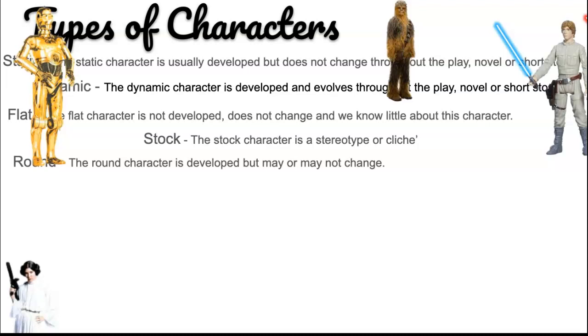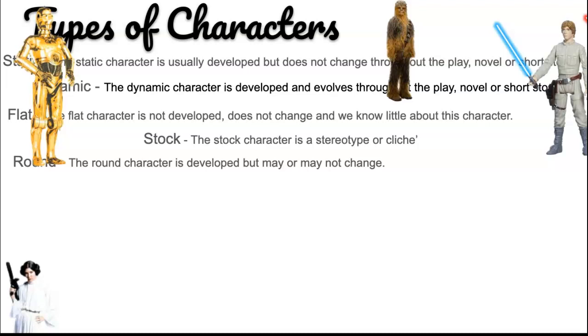Then we have the round character. The round character is developed, and may or may not change. So this is another character who is fully developed, and we get backstory. Not in the very beginning of the Star Wars series, but later in another two or three episodes.